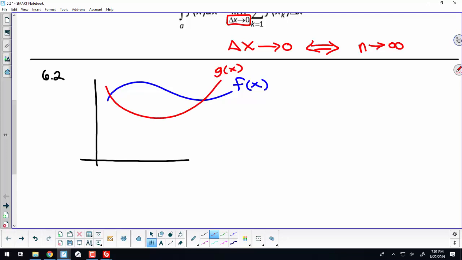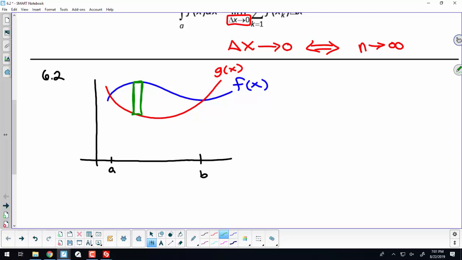And we're going to ask, what's the area between those two, from a to b? But the idea of how we compute that area is still exactly the same. We just take a bunch of rectangles and fill that region up with infinitely many rectangles, and add those up, and that's your area.